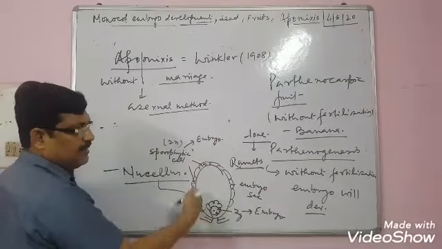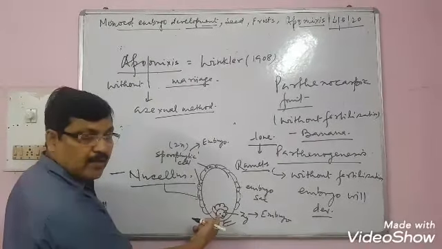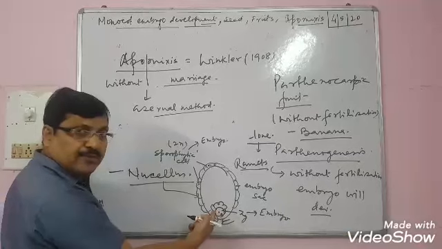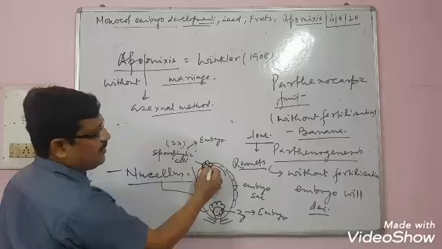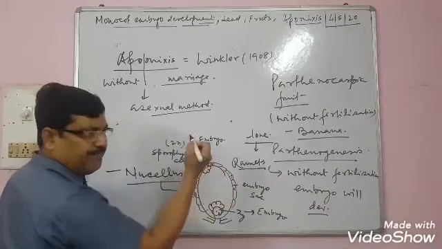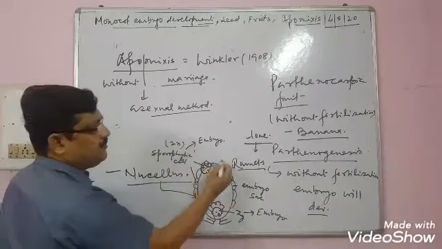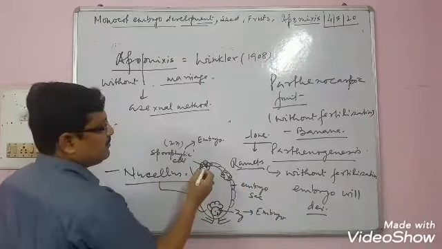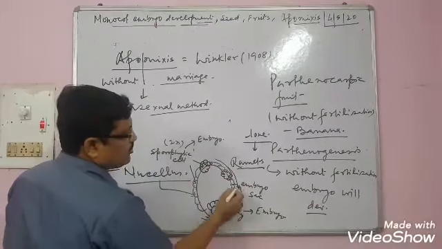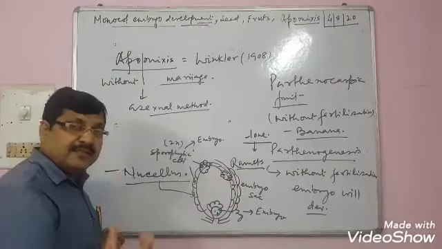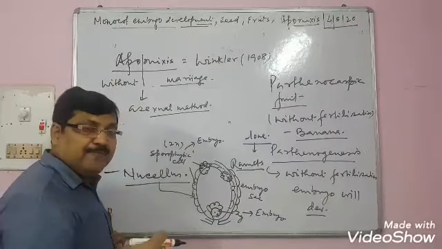So within a single embryo sac, this is the natural embryo, the sexual embryo, and here is another embryo. Suppose another cell may develop as embryo. Outside the nucellus, the cells of the integument also behave like a diploid cell, and may behave like zygote.